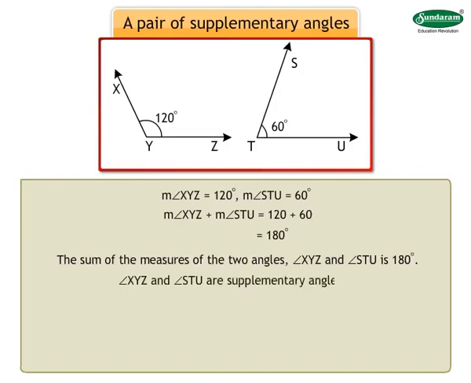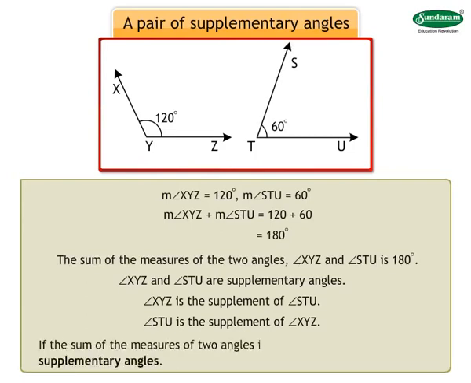Here, angle XYZ and angle STU are supplementary angles. Angle XYZ is a supplement of angle STU, and angle STU is a supplement of angle XYZ. Thus, if the sum of the measures of two angles is 180 degrees, the two angles are called supplementary angles.